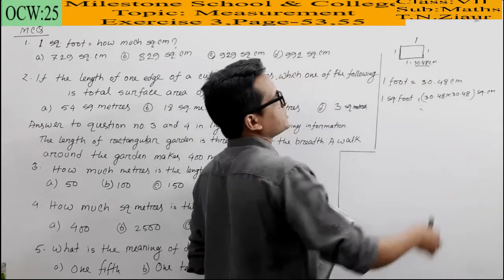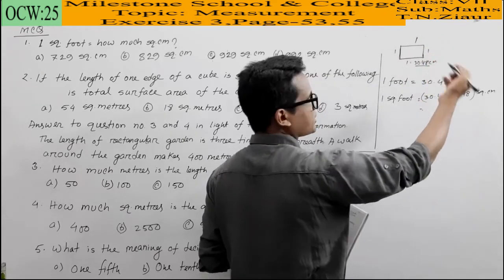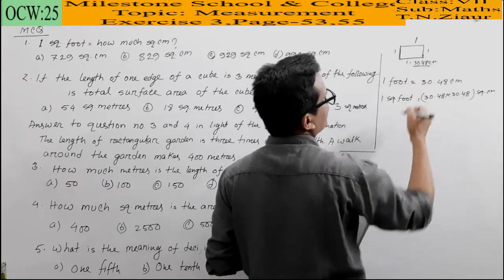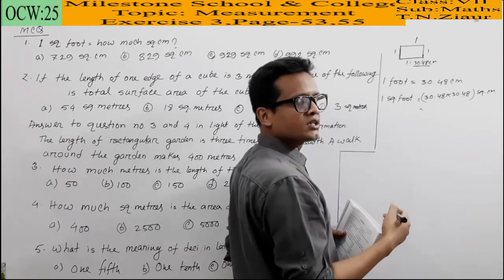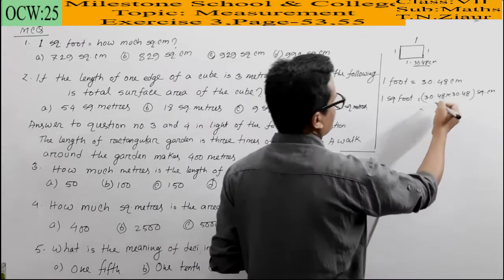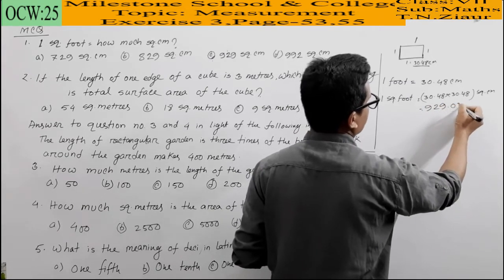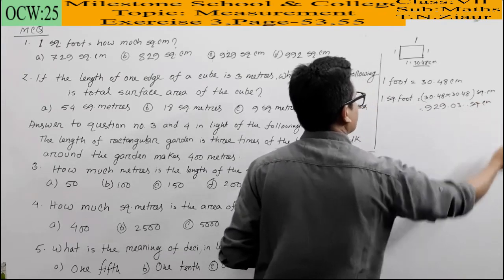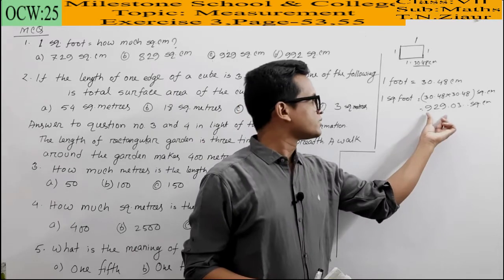All sides are 1 here, so this is a square like this, and each side is 30.48. When you find the area of a square, you have to multiply side into side. You know the formula. So you will get 929.03 something, and this is in square centimeter.